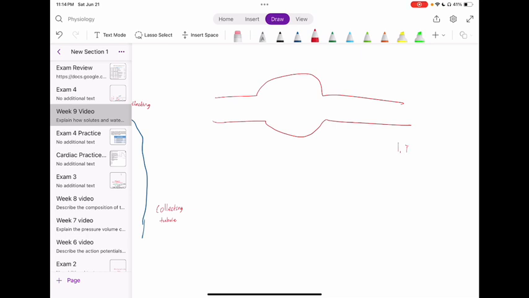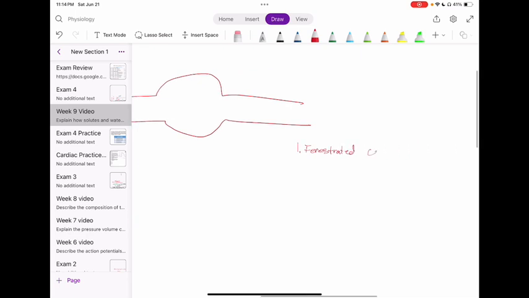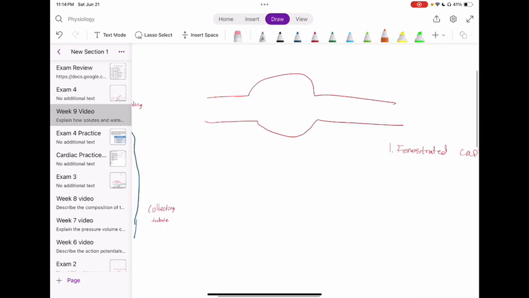So we have first a fenestrated capillary, and it depends on the size.